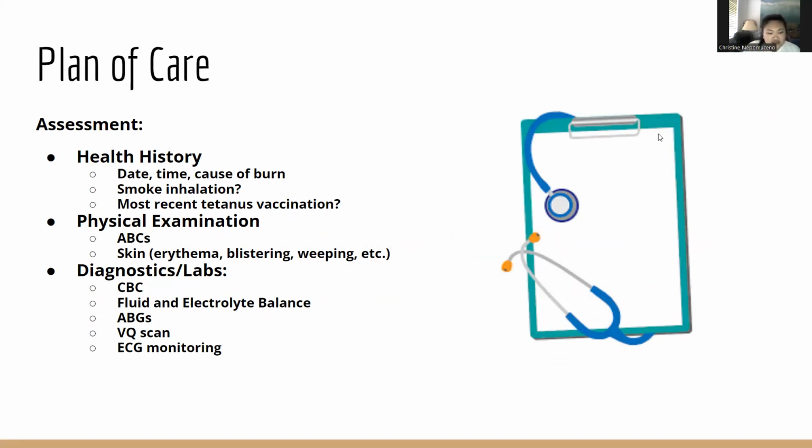And it's also good to ask when the patient's last tetanus vaccination was, because if it's been over 5 years, it's important to educate how crucial it is to have that vaccination, since a burn can create a break in the skin where bacteria can come in and cause further infection.